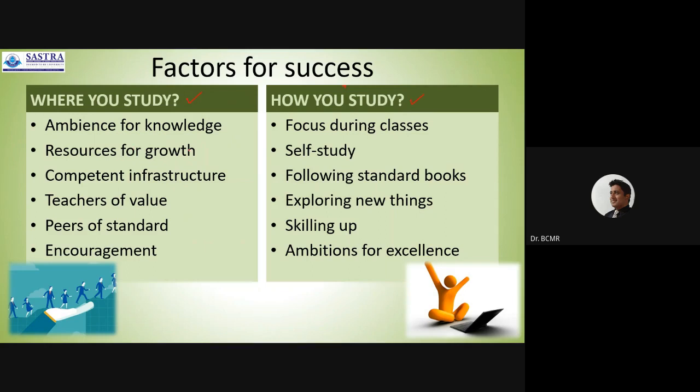So why does the place matter? Because you need to have an ambience of knowledge and resources for your growth. The institution should not have a limitation on your growth. It should be much more broad and wide, so that when you spread your wings, it still has space for it. It's not like there is no space, so you should cut down your wings, right?